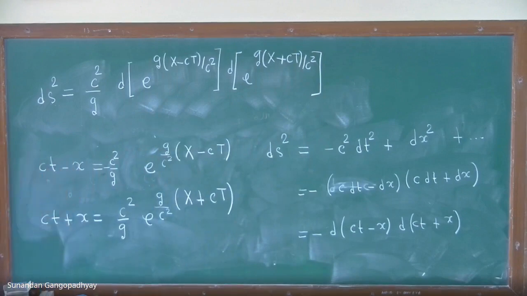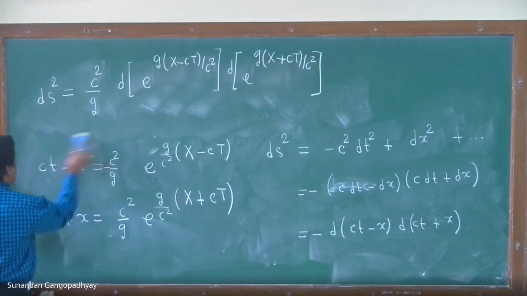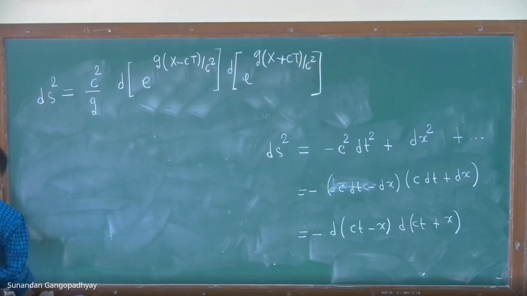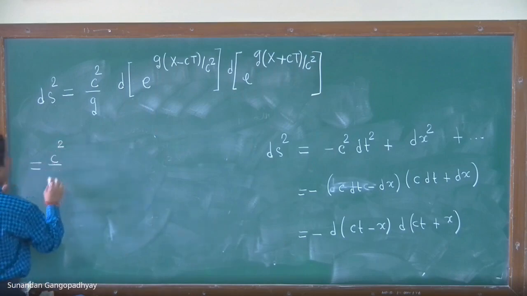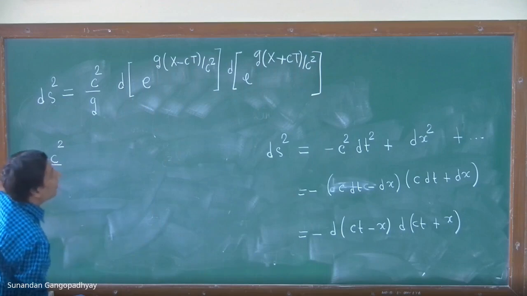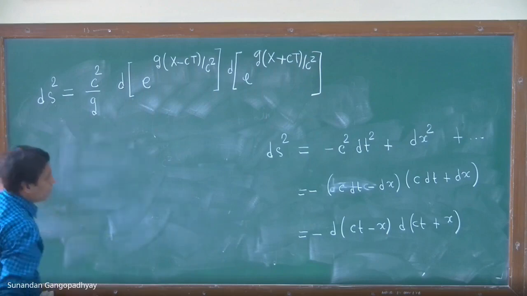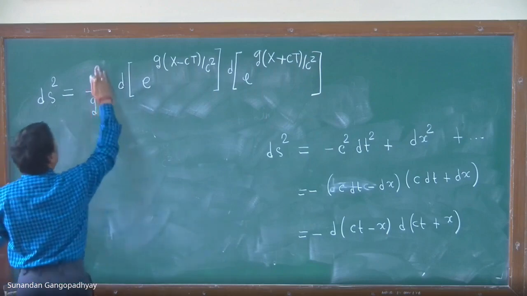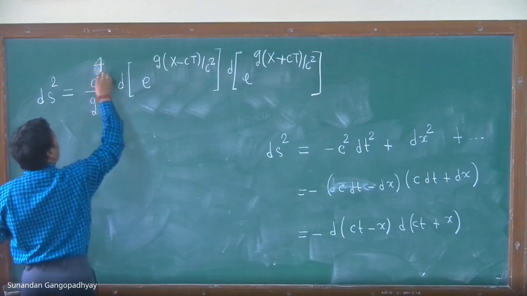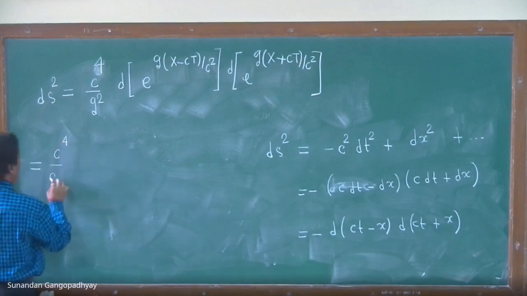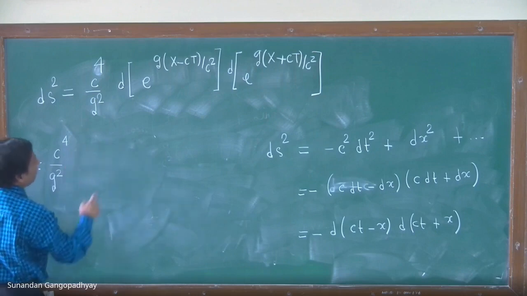So you need to calculate those things. You don't need these things anymore. This is equal to c to the power 4 by g square. Now you take the derivative.